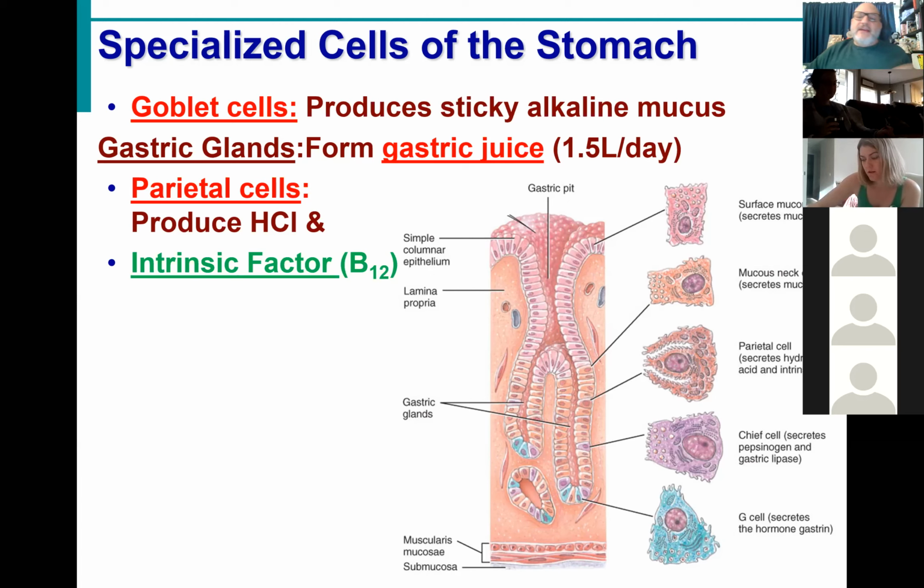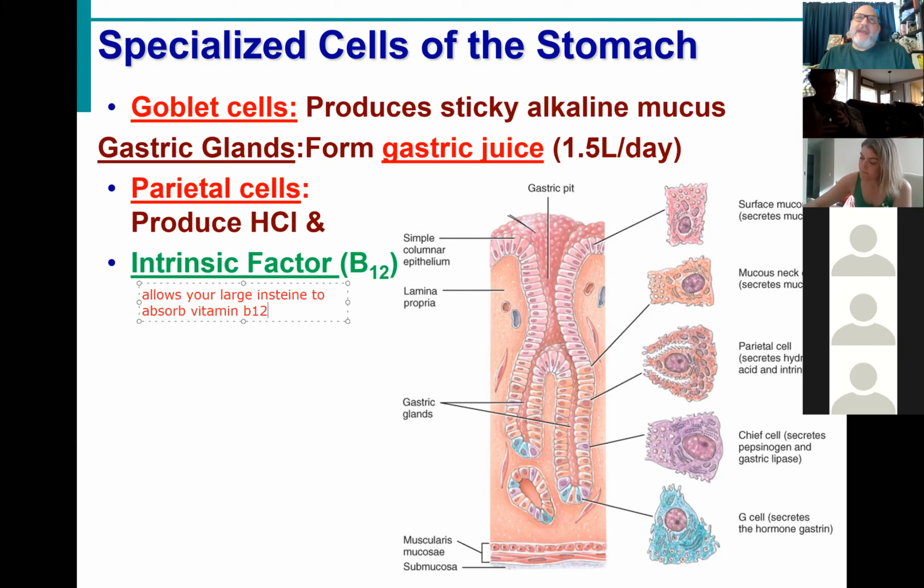Intrinsic factor is a special chemical composition that basically allows your large intestine to absorb vitamin B12. Well, that doesn't sound like too big of a deal until you learn what vitamin B12 does. Vitamin B12 allows you to make red blood cells, right?